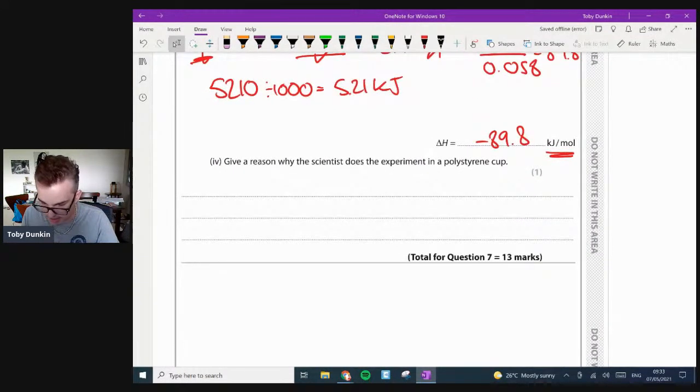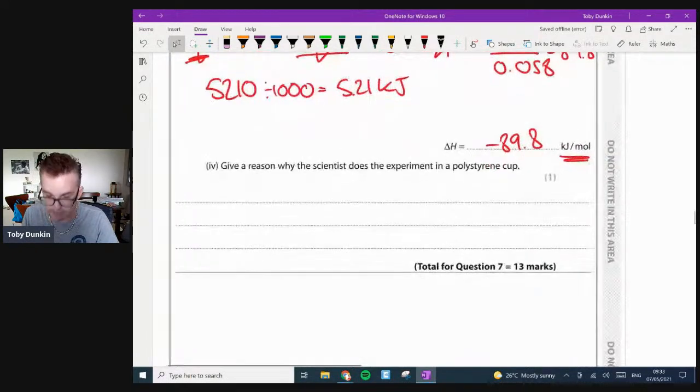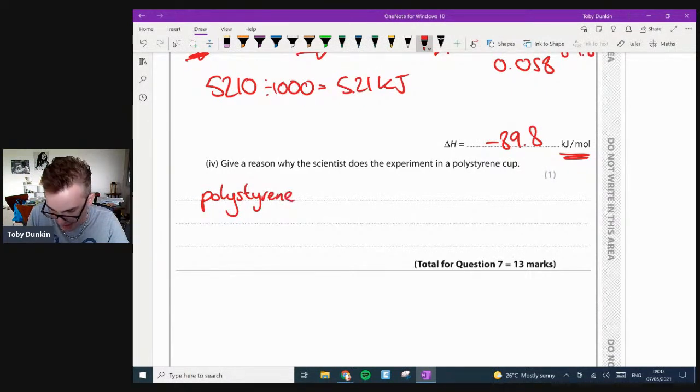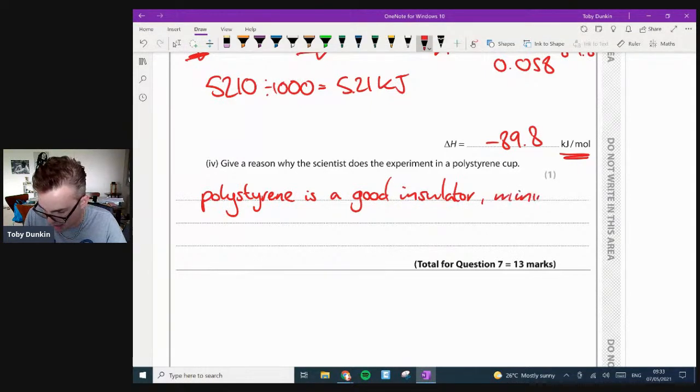Give a reason why the scientist does the experiment in a polystyrene cup. It's a good insulator. Polystyrene is a good insulator, and it will minimize heat loss. Minimizing heat loss.